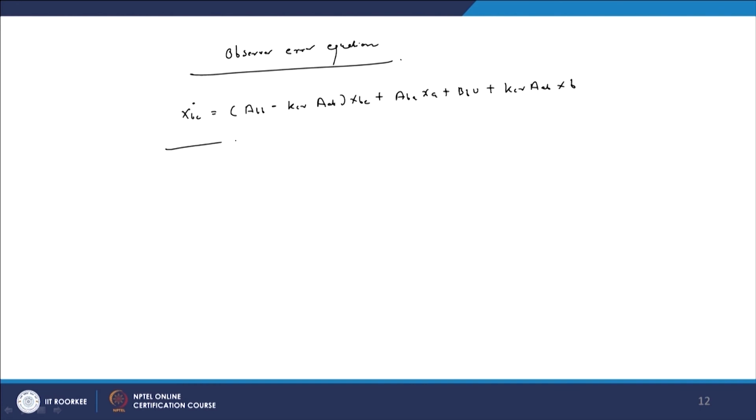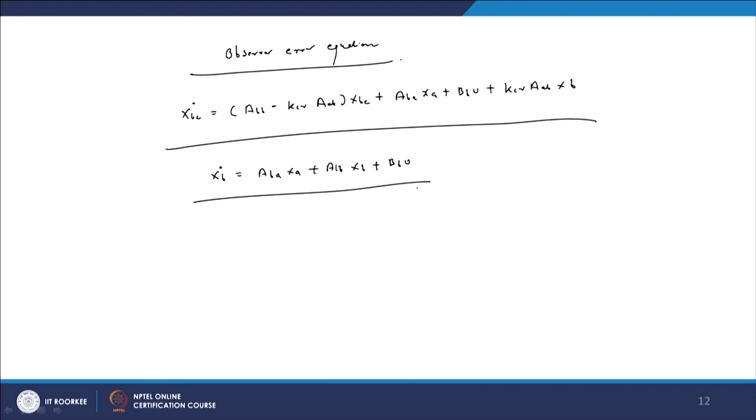So, earlier we have seen these equations. Now, the original state equation for XB dot is given as ABA into XA plus ABB into XB plus BB into U. So, this is the unmeasured portion and this is the measured estimated portion.